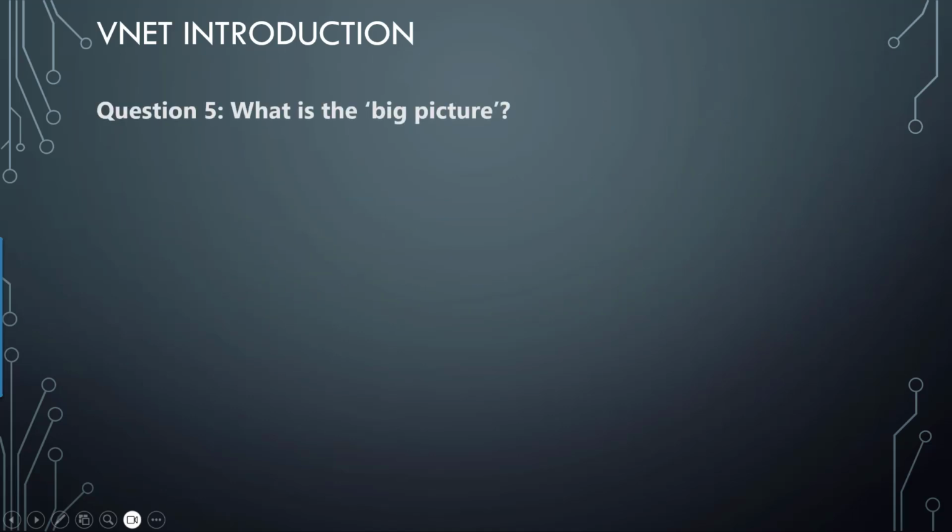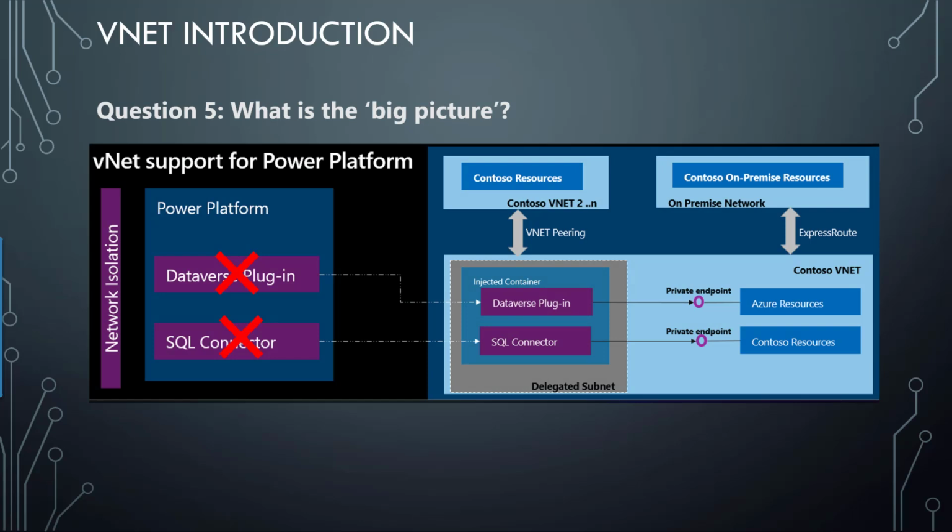Let me show you a picture, and that's what you can find on Microsoft Learn. So here in the middle, we have this container where you use Dataverse, plugins, connectors. You see here in gray the delegated subnet. And then you can communicate inside of this VNet with your resources.